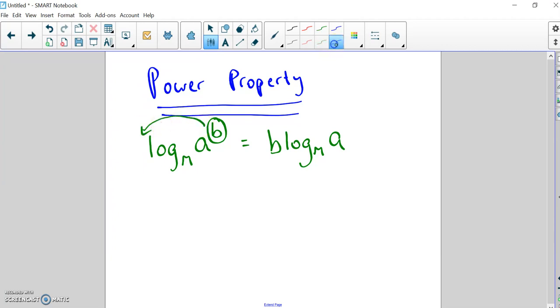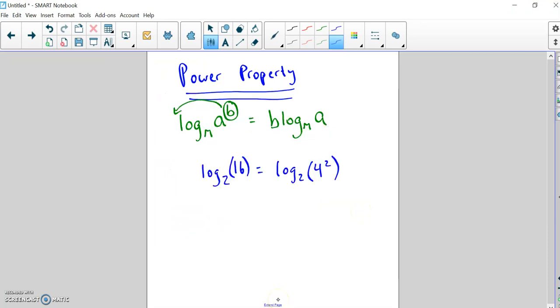Okay, and just like all of our other ones, we can check this. So let's say, for example, you had something like log base 2 of 16. Well, this could be rewritten as log base 2 of 4 squared. Okay? So I just rewrote this to show how we can use the power property.